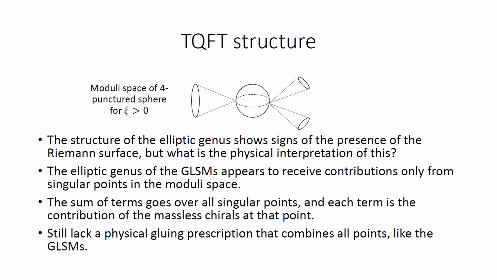And here it seems to be interpreted as a sum over vacua, and you integrate over some parameter associated to some value of a Wilson line or something.